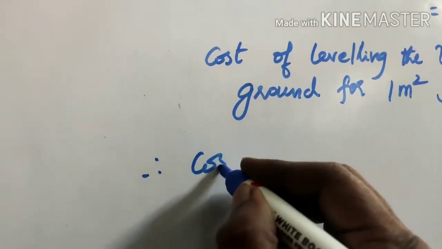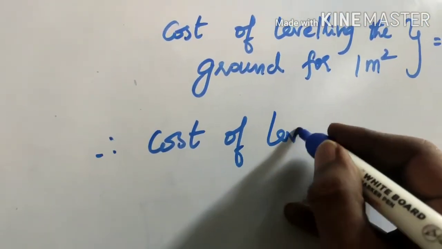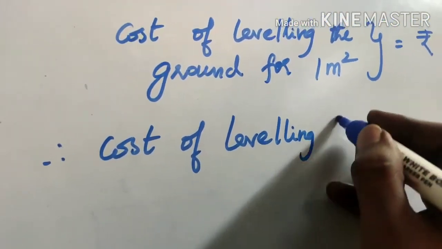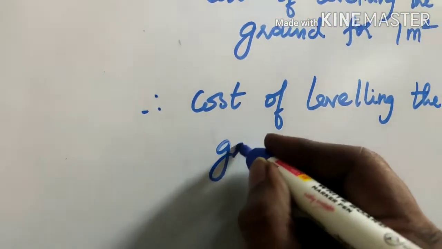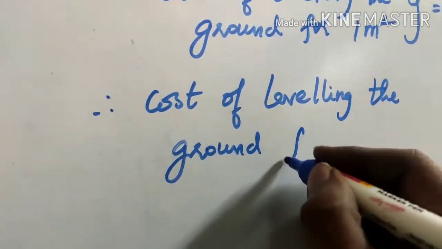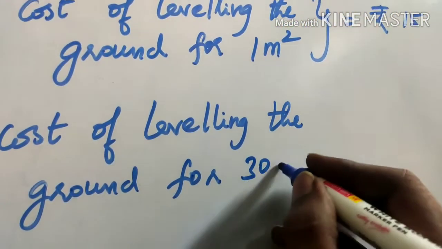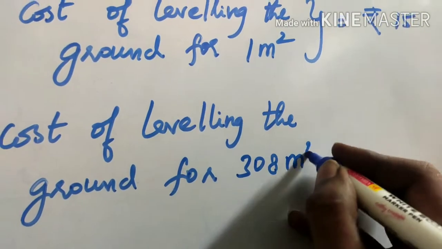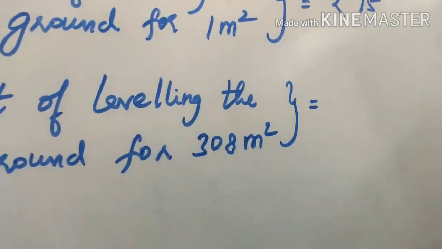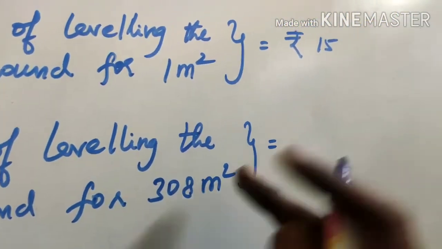Therefore, cost of leveling the ground for how many meter square? 308 meter square. We have to multiply this 15 along with this 308.